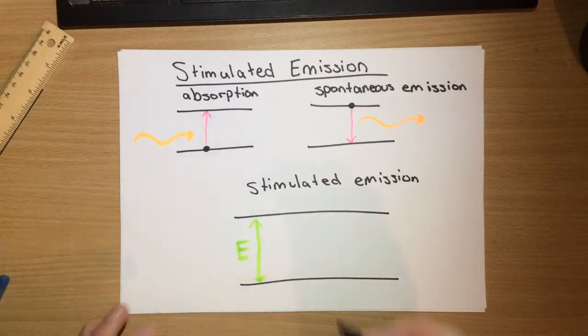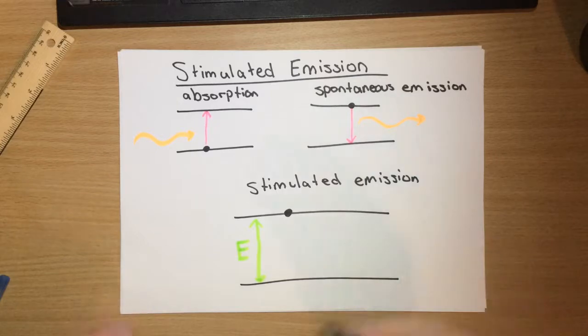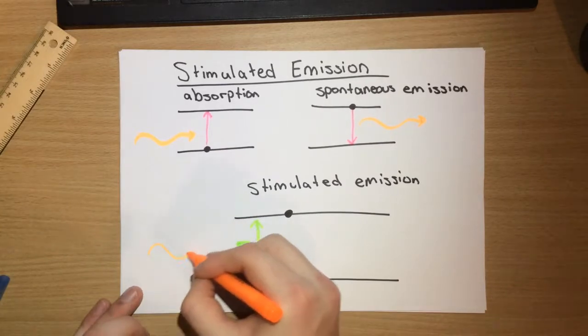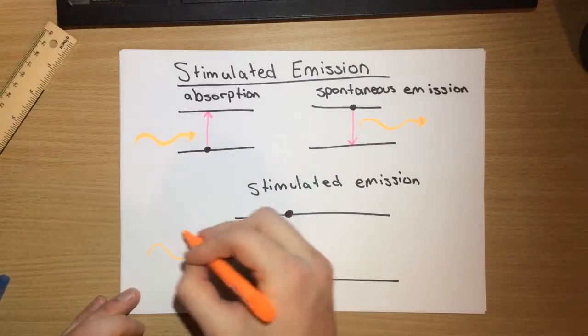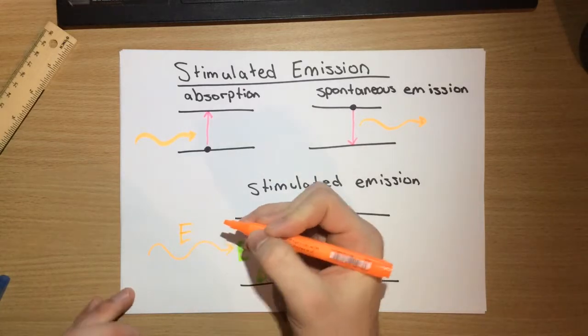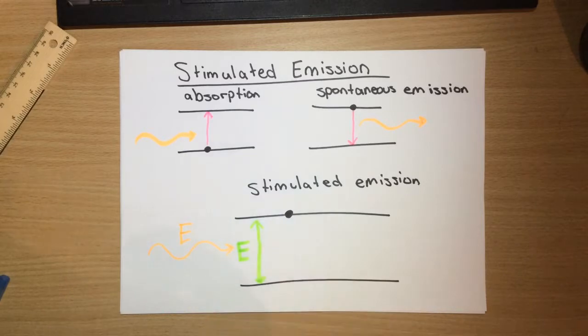So what happens is if we have an electron sitting in the high energy band, and a photon comes in, and that photon has energy E as well, so that matches the gap between our lower and our higher band, we get something really interesting.